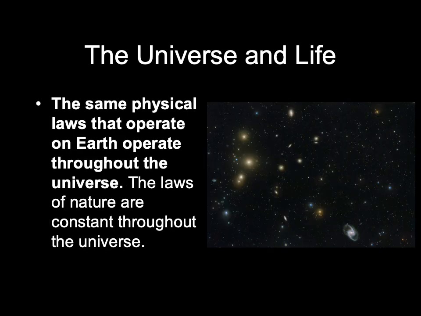One of the guiding principles to understand the universe is that we think the same physical laws that operate on Earth operate throughout the universe, and that the laws of nature are constant throughout the universe. So the physics that we figure out here for how life works and for how rockets work would be the same throughout the universe. And that's just an assumption we have to make.